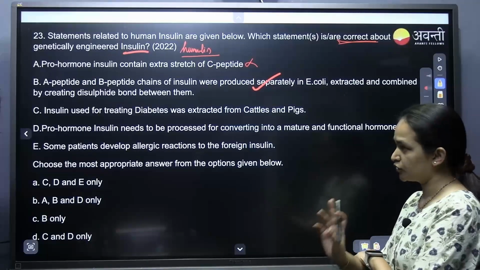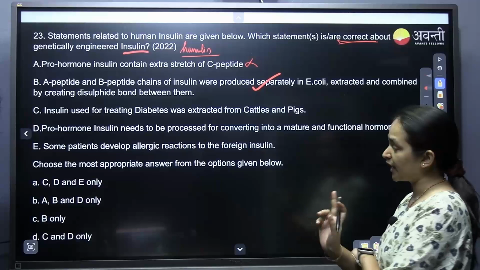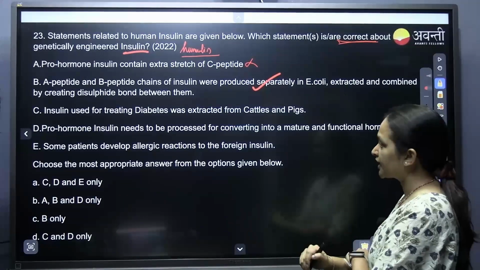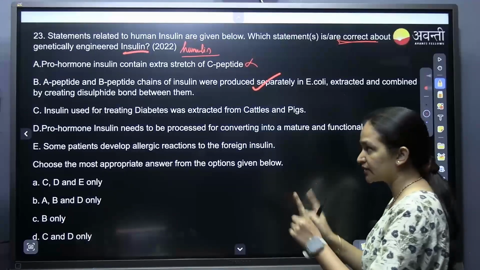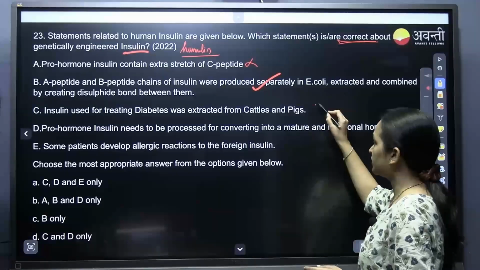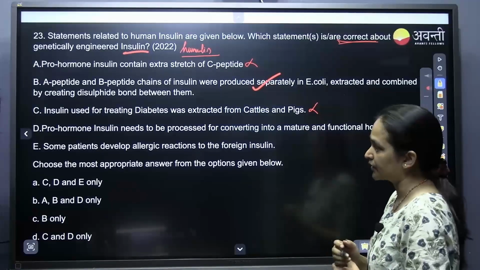As a statement, way back then, before genetic engineering and rDNA technology, insulin was extracted from cattle and pigs. It is correct, but with respect to genetically engineered insulin, that is humulin, it is wrong. It has got nothing to do with that.